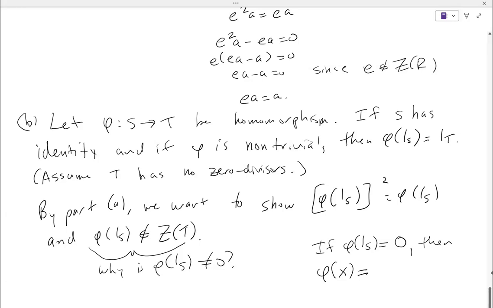Let's do this off to the side. If the identity maps to 0, what happens to any other x? If we have a multiplicative identity, how can we rewrite x?